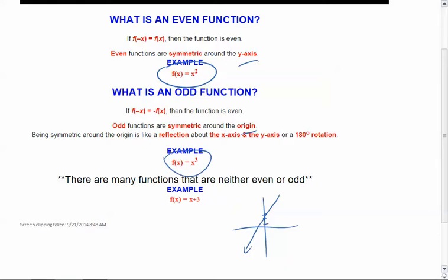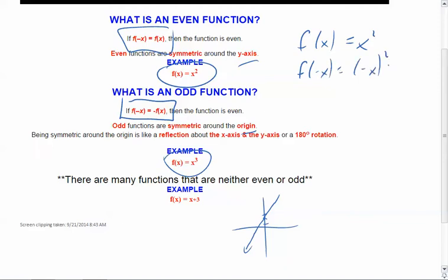One last thing here, and I'll talk about this more in class: if you ever want to test if something's even, if I put in negative x, and I'll just show you this for this graph, so let's say this function that we had here. If I put f of negative x, notice what happens. You're going to get x squared back. In other words, you get f of x back, whether I put negative x or x.